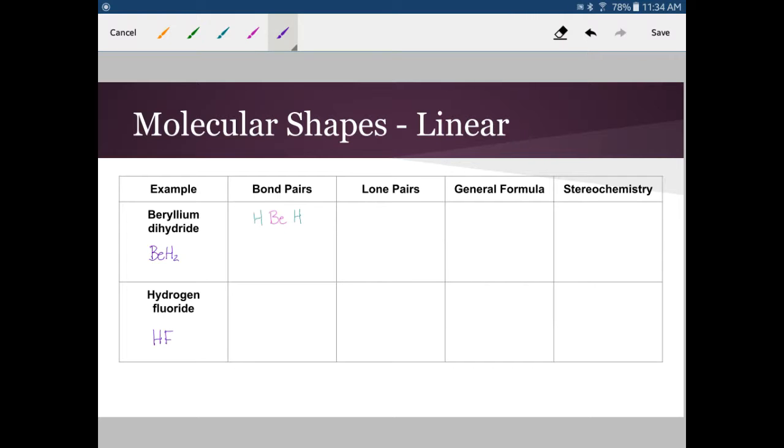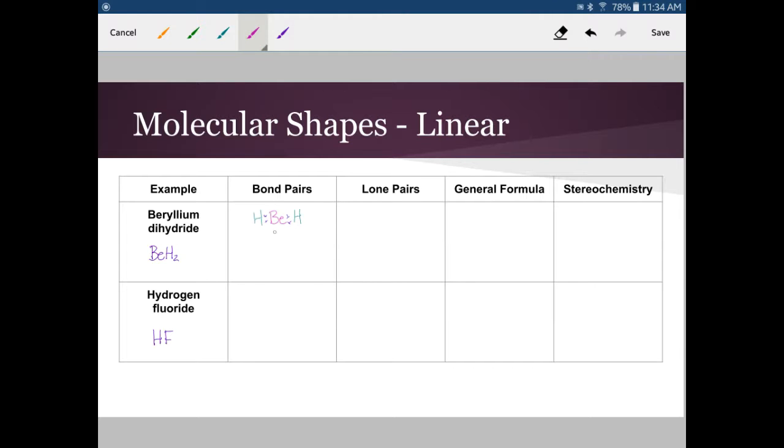Now we only have 4 electrons to deal with, so we go 1, 2, 3, 4, and this is a full valence for our hydrogens, but beryllium is unhappy. This is simply because our beryllium does not follow our octet rule. So what we can take a look at is the number of bond pairs on beryllium, because remember, we only look at our central atom.